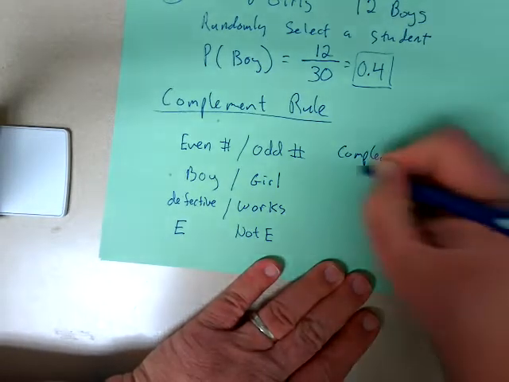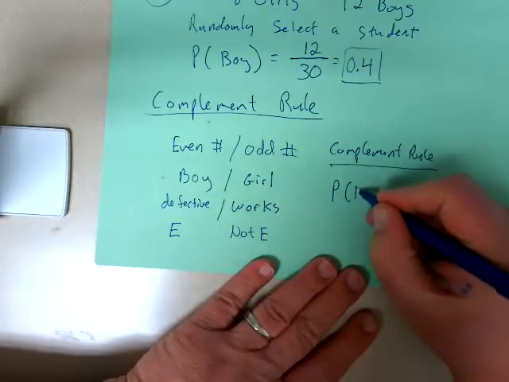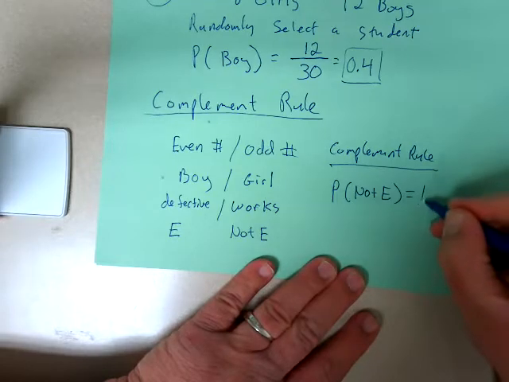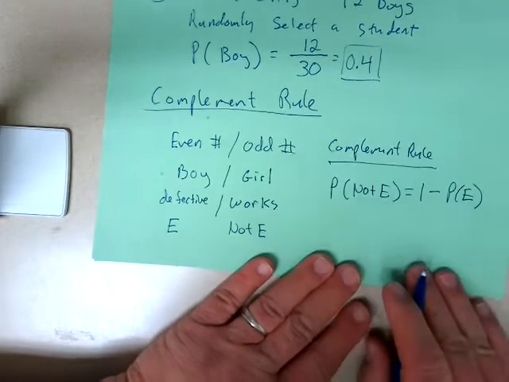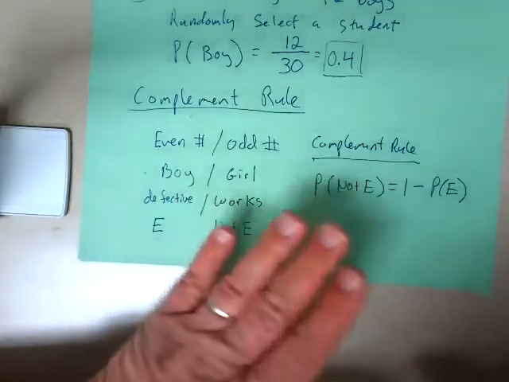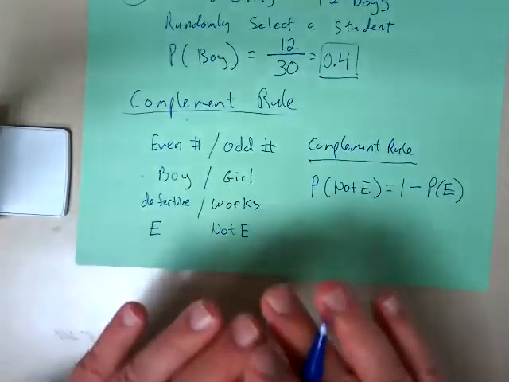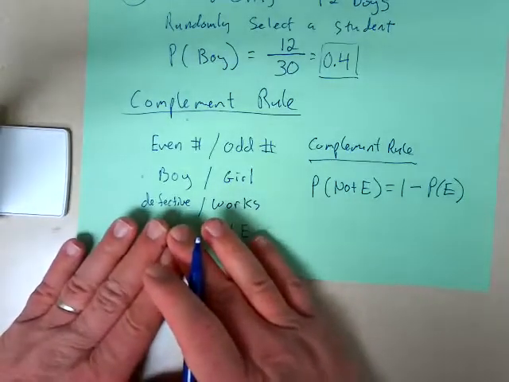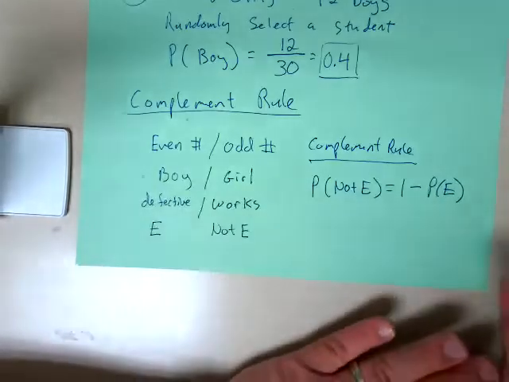The complement rule just says the probability of the complement of an event is equal to 1 minus the probability of the event. Okay? The main point is, if you have 2 complementary events, if you know the probability of one, then you always know the probability of the other. Because the probability of the other is 1 minus the one that you know.